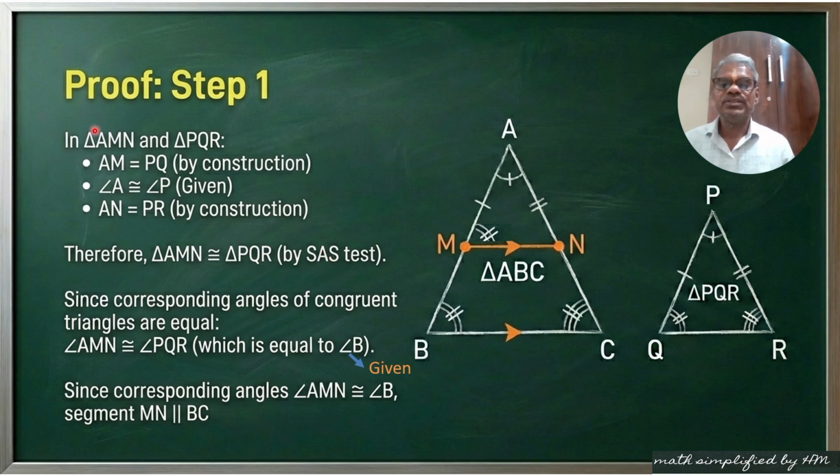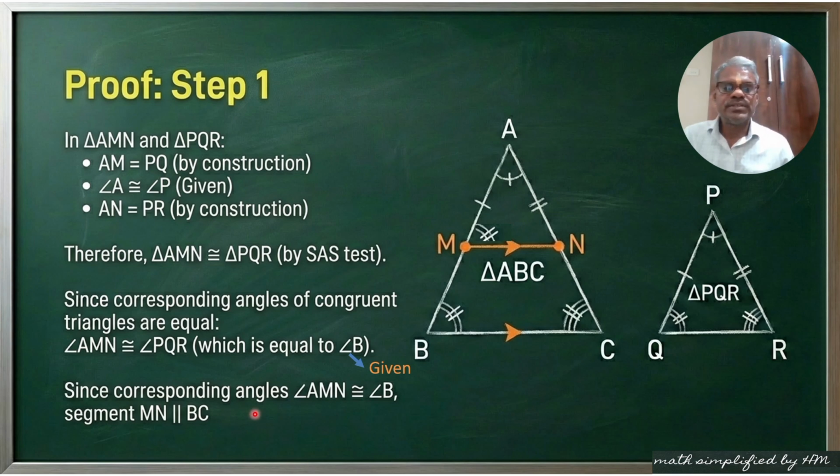Now, as these two triangles are congruent to each other, their angles must match. So angle AMN is equal to angle PQR. But in the theorem statement, we are given that angle PQR is equal to angle B. Now see here, MN and BC are two lines and AB is the transversal intersecting these two lines.